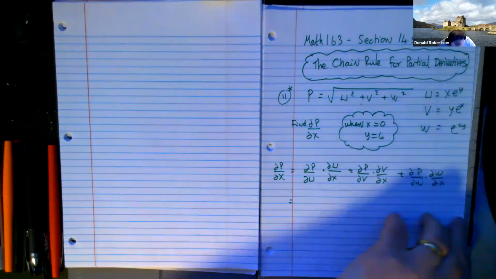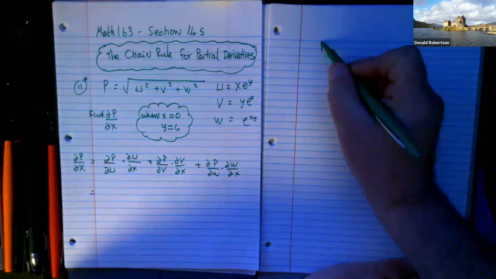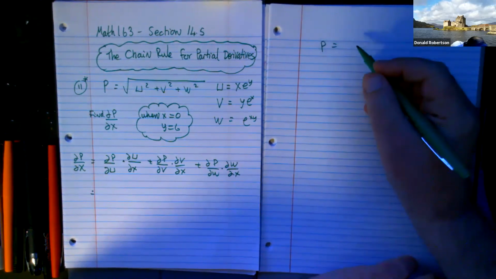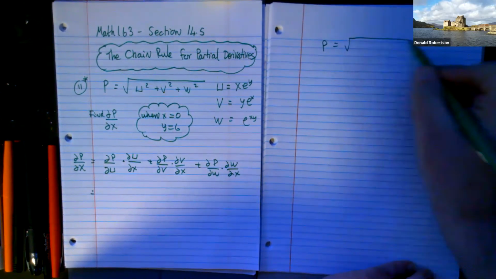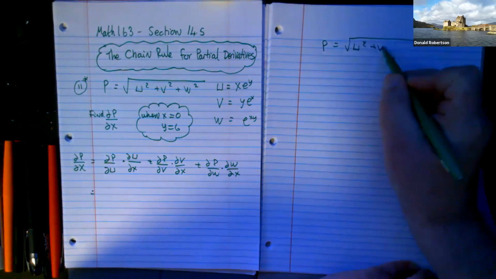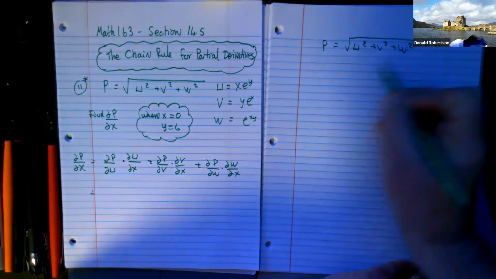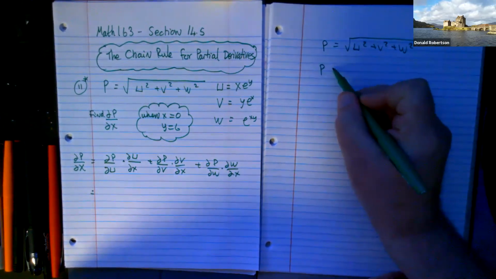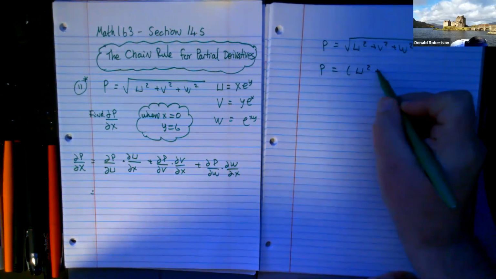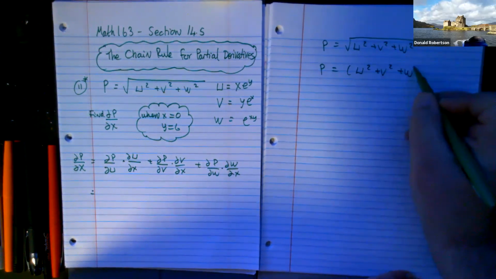Now, side issue, this is the practical part. I need to differentiate this with respect to u, v and w. If I'm going to differentiate this, would you agree that it needs to be written down as a fractional power?